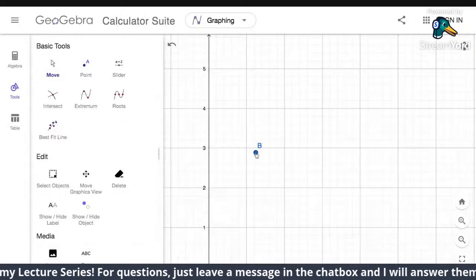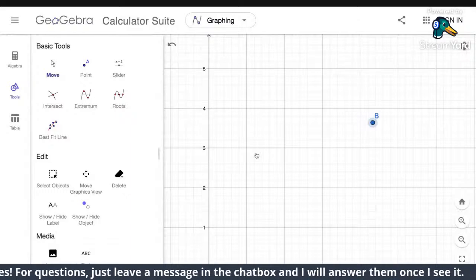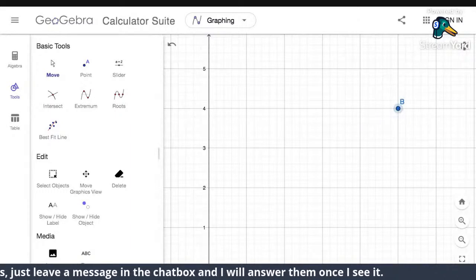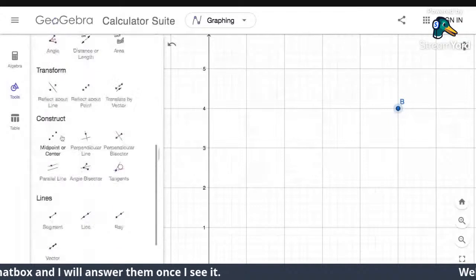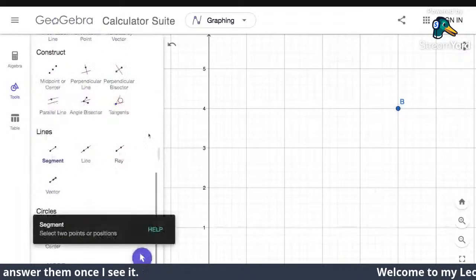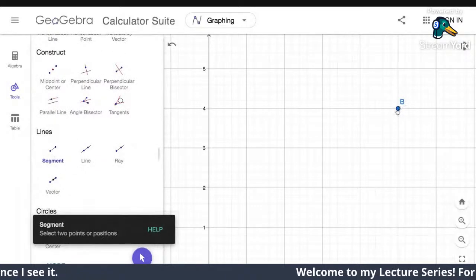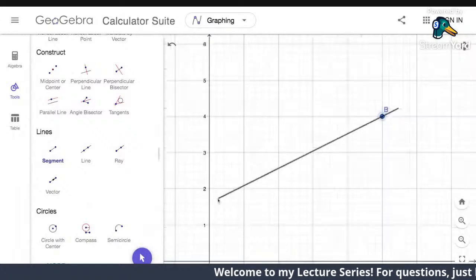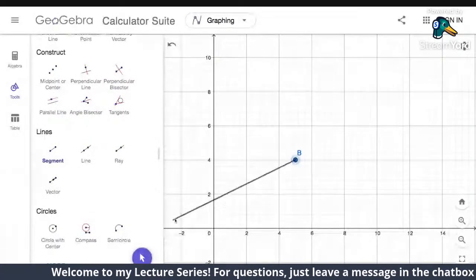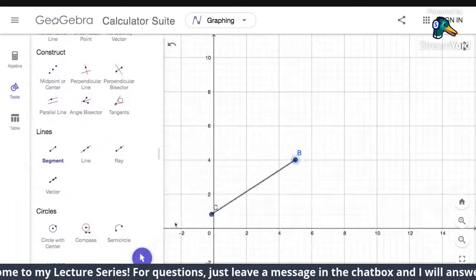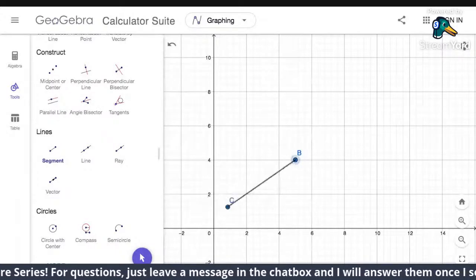So let's move this. You have here, let's connect from B towards that point.